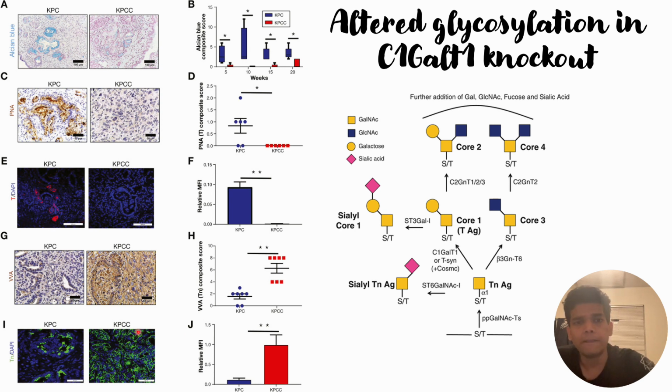And they can see that in the case of KPCC, the C1GalT1 knockout mice model, there is high fluorescence compared to the KPC mice model, and this further indicates that in the case of KPCC, there is an increase in Tn carbohydrate antigens, and these Tn carbohydrate antigens are usually biomarkers of tumors, and they are found in more abundant amounts on the tumor cells or on the membrane of the tumors.